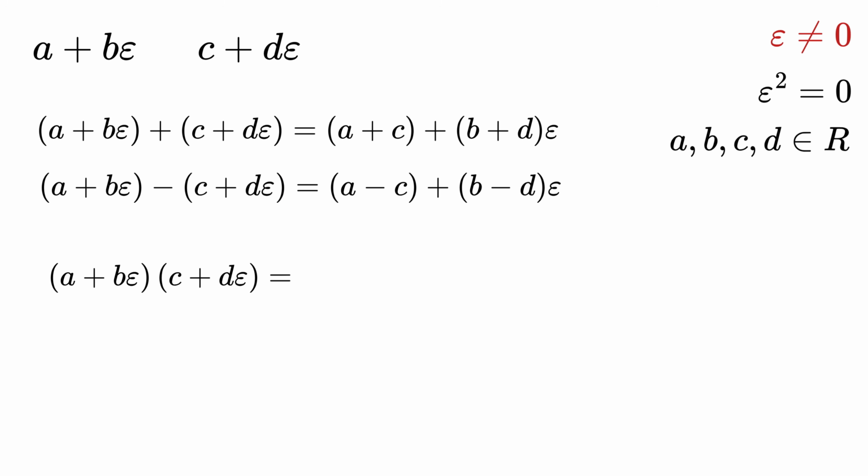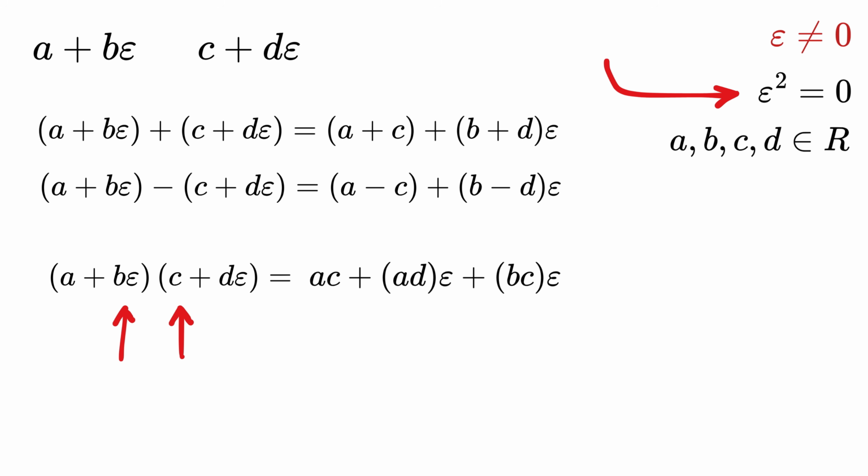For multiplication, we multiply the terms just like we do with algebraic expressions, but with one key thing to remember: epsilon squared is 0. We get ac plus ad times epsilon plus bc times epsilon plus bd times epsilon squared, which is 0. So we are left with this.